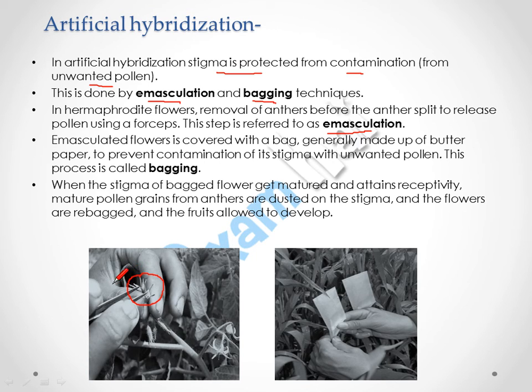After emasculation, the flower is covered with a bag, generally made of butter paper, to prevent contamination of its stigma with unwanted pollen. This process is called bagging. As you can see in this diagram, the bag, which is made of butter paper, is used to cover the emasculated flower to prevent contamination by unwanted pollen.